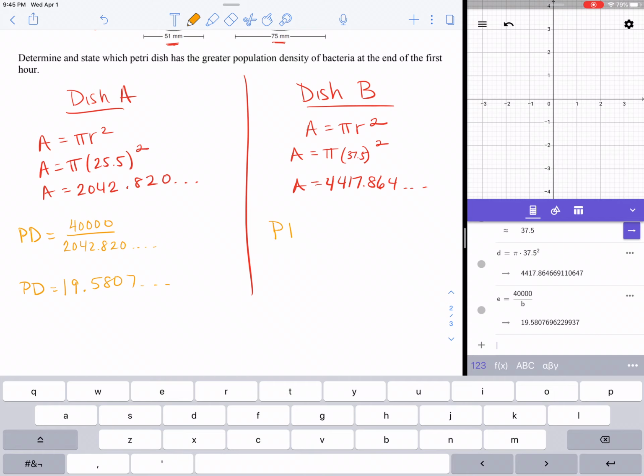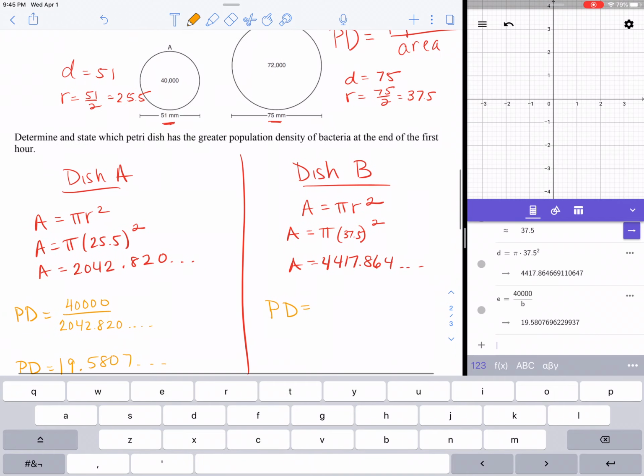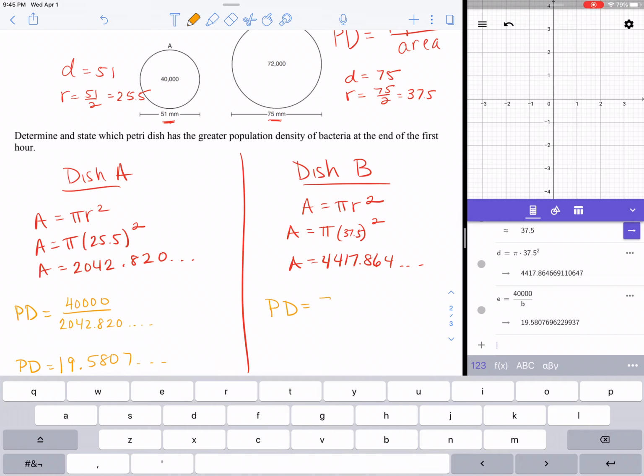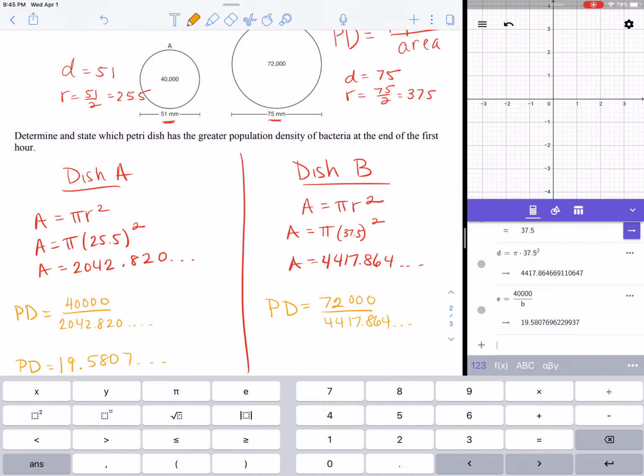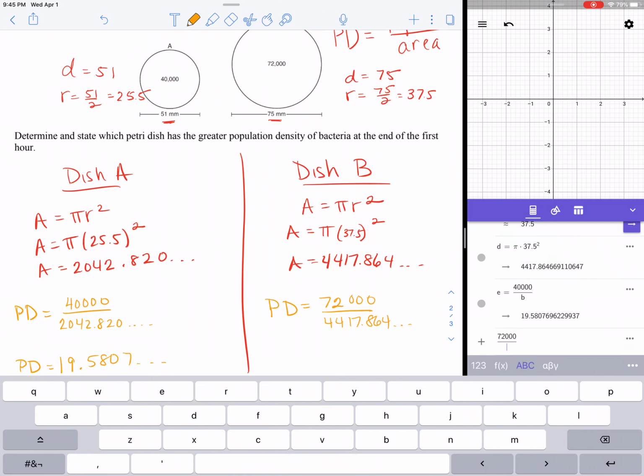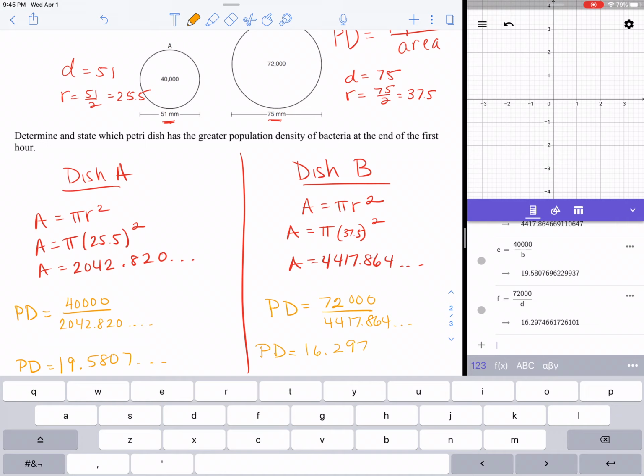Here, the population density. What was the population for dish B? There were 72,000 bacteria divided by that 4,417.864 number, which the calculator gave the value to the letter D. So I'll do 72,000 divided by the letter D and get that the population density is 16.297.